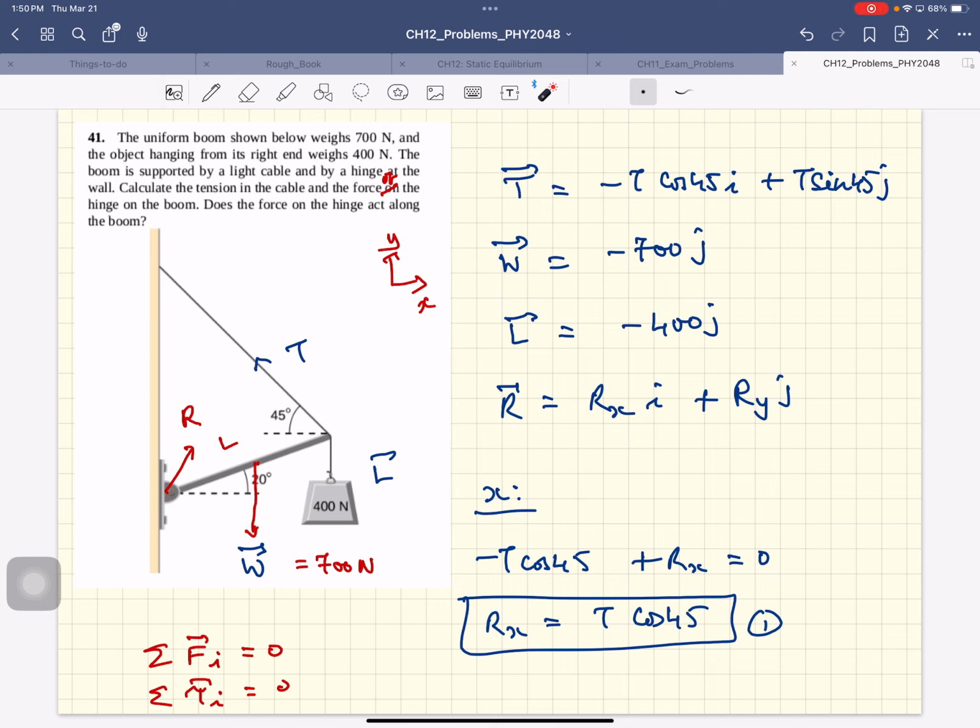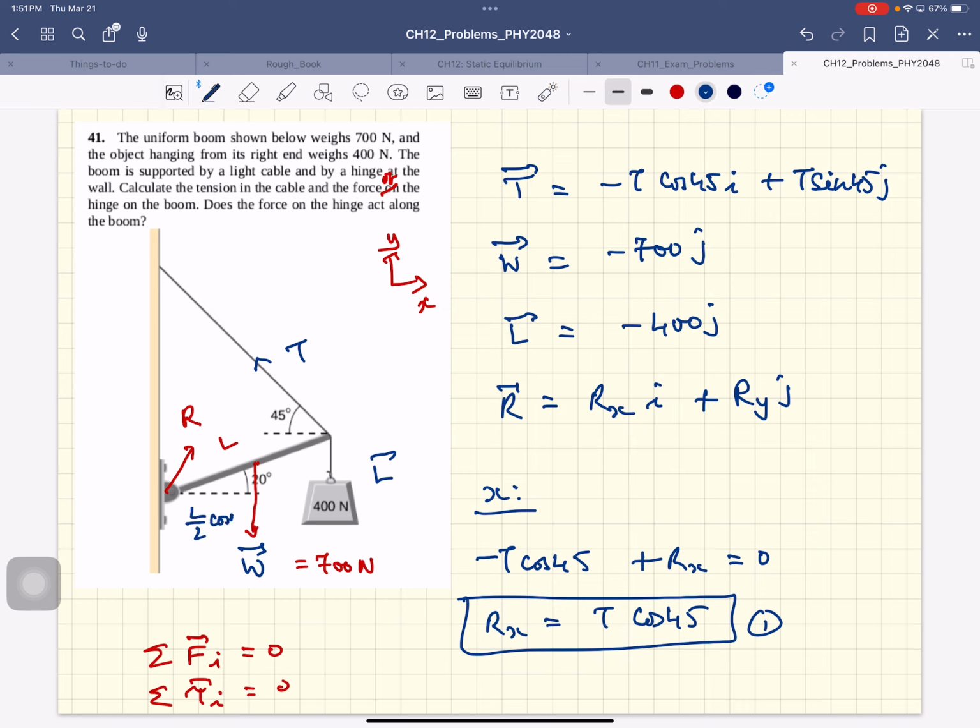Okay, this guy has a clockwise torque, which is negative. The moment arm is that. What is this length equal to? Can somebody tell me? No, this length. That length is L. That length is L by 2, L by 2 cosine 20.